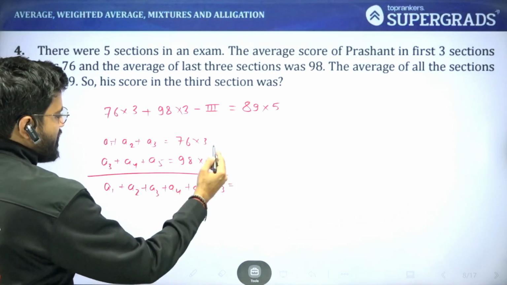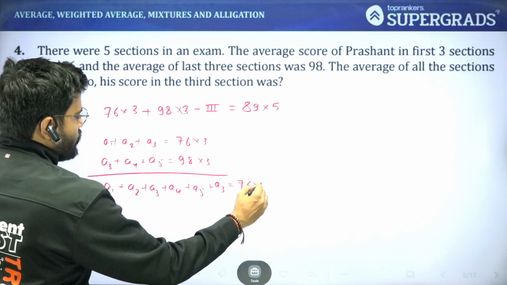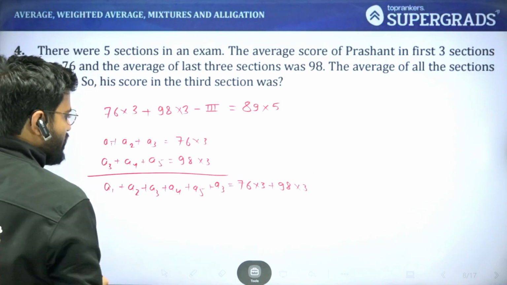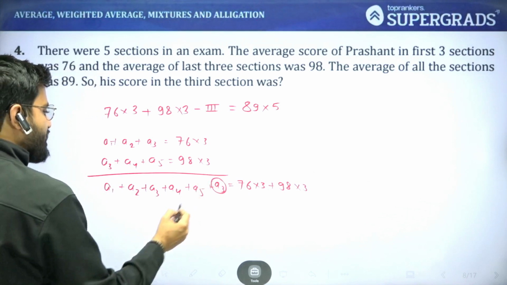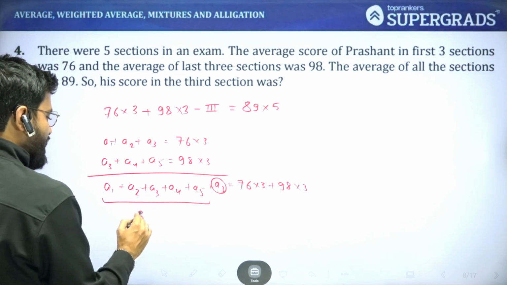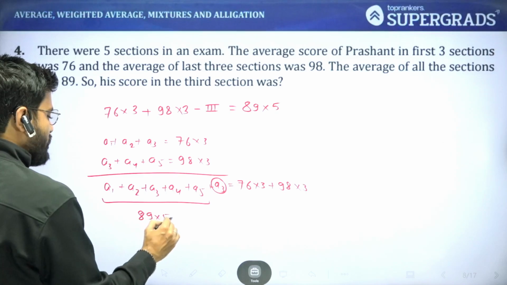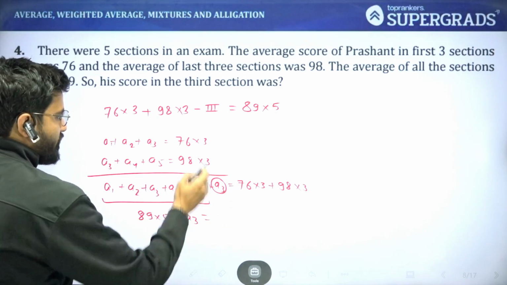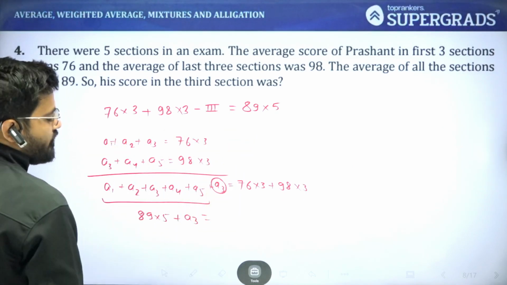A3 is additional, as 76 into 3 plus 98 into 3. So what extra I'm getting is this much. So I can write it that this is 89 into 5 plus A3, the third section, is equal to this thing. So this is how I form the equation in one line.